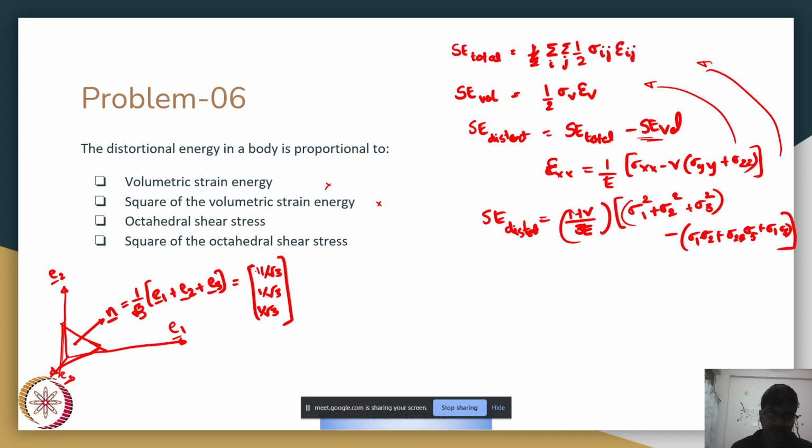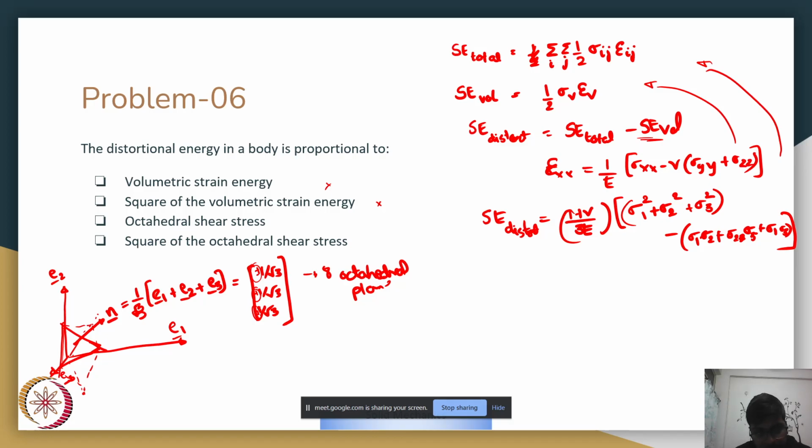You could basically do a plus minus on all these 1 by root 3's, and you could end up with 2 into 2 into 2. So you could have a total of 8 octahedral planes. Another plane would look something like this, then another plane would look something like this.